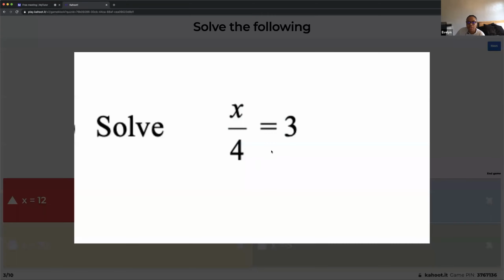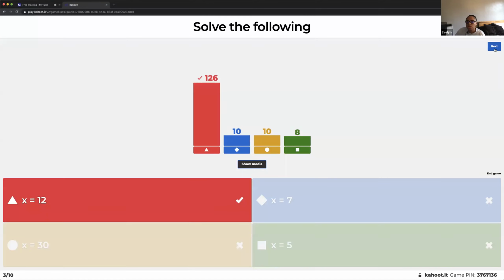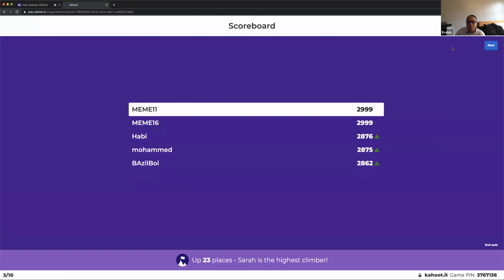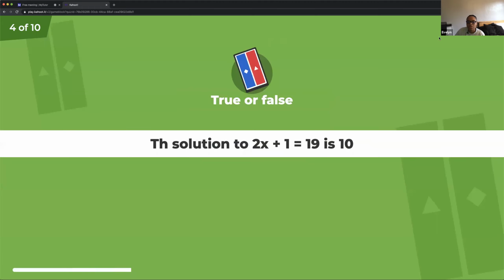So if we have a look at this one, I want to get rid of the 4 on the bottom. That means I'm dividing the left-hand side by 4. So I want to do the opposite, multiply both sides by 4. So 3 times 4 is 12. Perfect. Well done, guys. So let's go on to the next one.